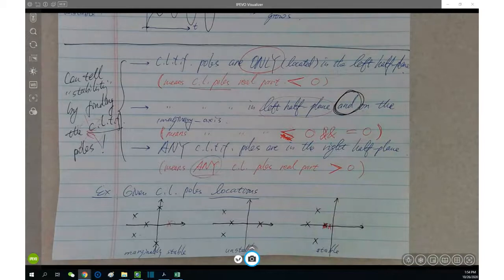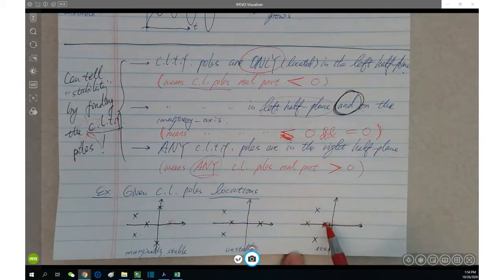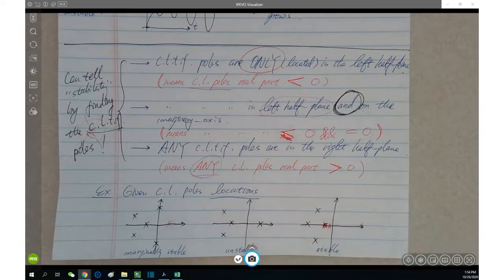Yes, and that's what matters. So by moving from the black to this red, the system becomes less stable. Does it make sense? The stability is worsened.